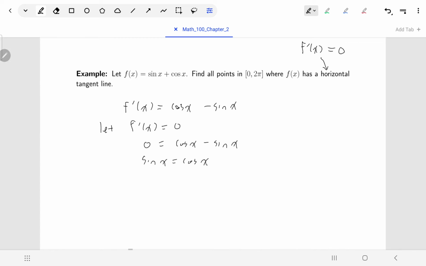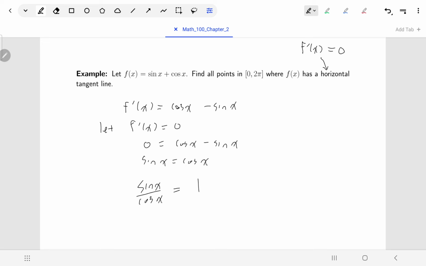So I have here 0 is equal to cosine minus sine, which I could rewrite as sine of x equals cosine of x. If I'm looking to solve this, I could make my life a little bit easier by dividing both sides by cosine. I'd have sine divided by cosine is equal to 1.